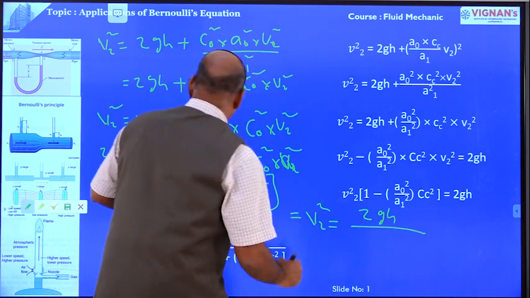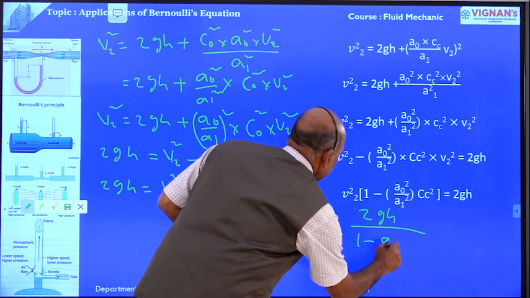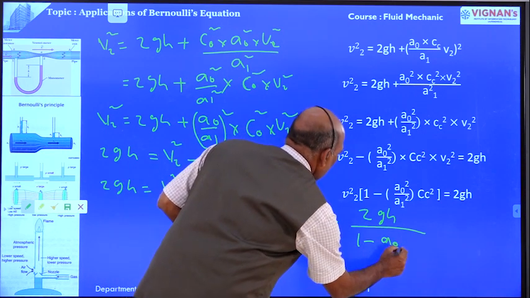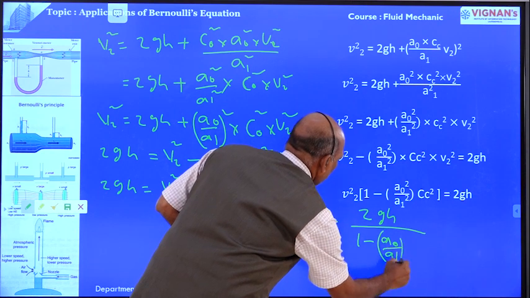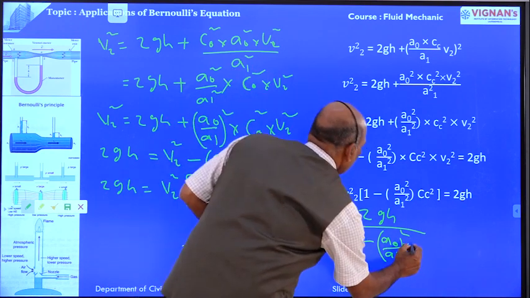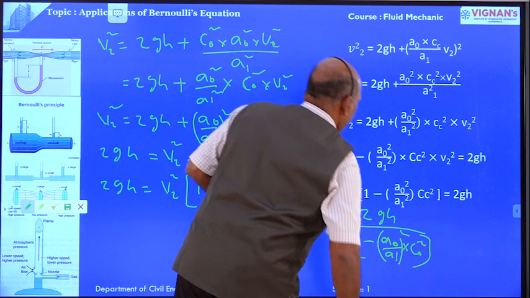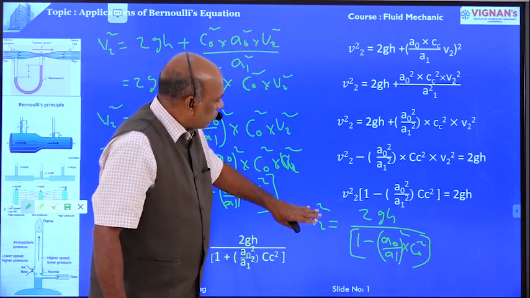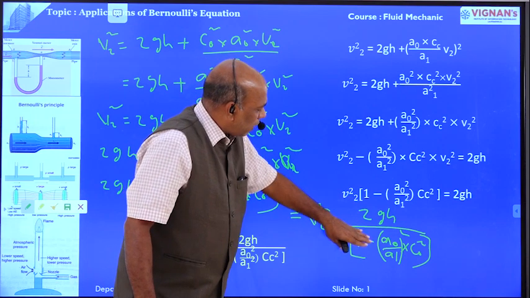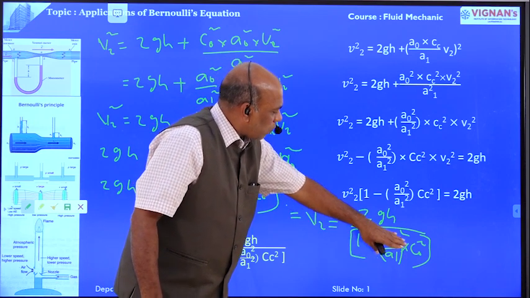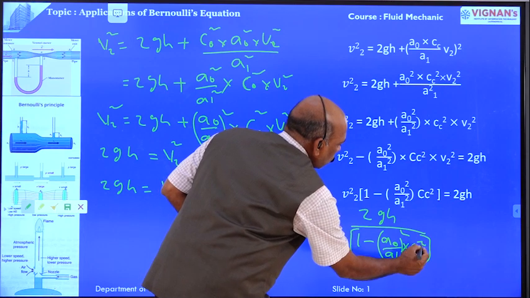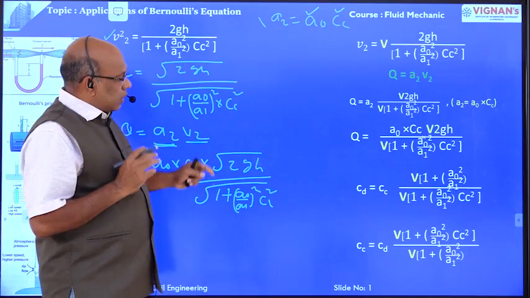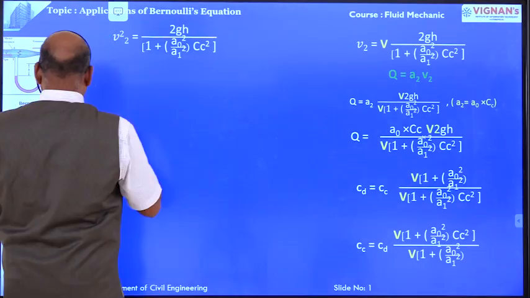2gh divided by 1 minus (A0 by A1) whole square into Cc square. Right, this is the equation we have.